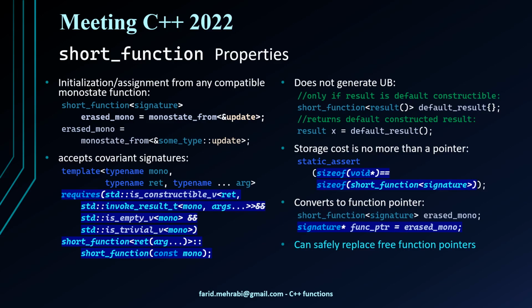As mentioned earlier, this short function class removes any windows to generating UB through calling any member of the short function.